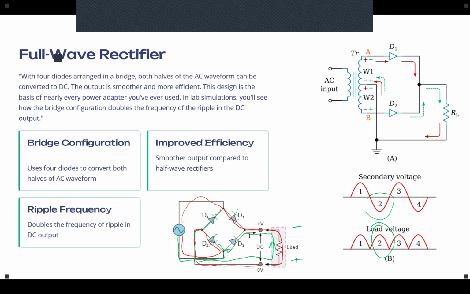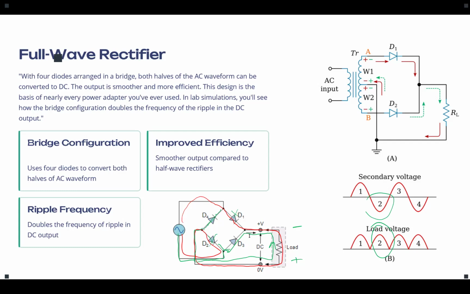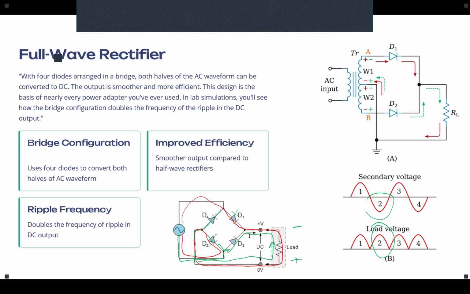Now, the full-wave rectifier is more efficient than the half-wave. It's obvious because we don't chop the half cycle. We use all the energy provided by the source. And since we have multiple ripples, the level of the DC voltage that we are going to get here would increase.